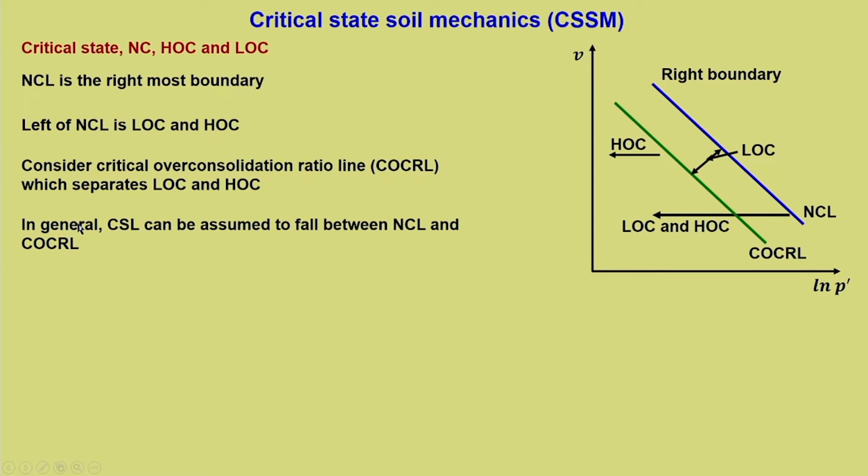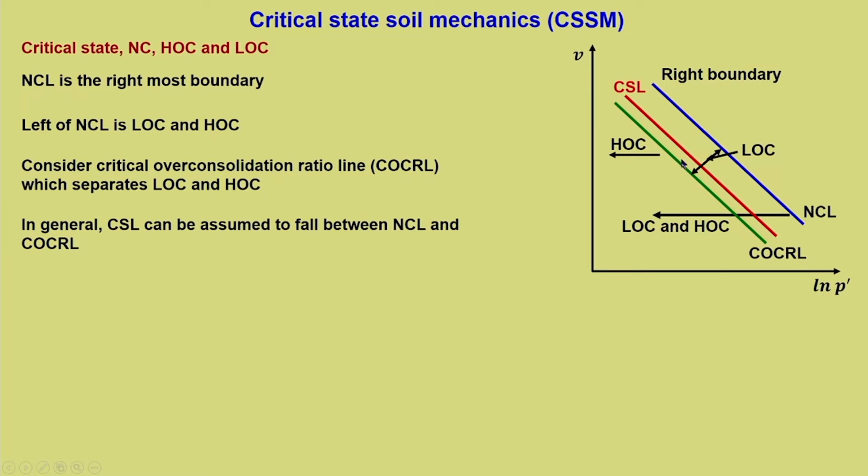In general, now where does the critical state line fall? In general, the CSL can be assumed to fall between the normal consolidation line and COCRL. So, the critical state line falls somewhere in between NCL and COCRL. Now, we need to understand that these are all certain concepts. According to that, it is somewhere here.